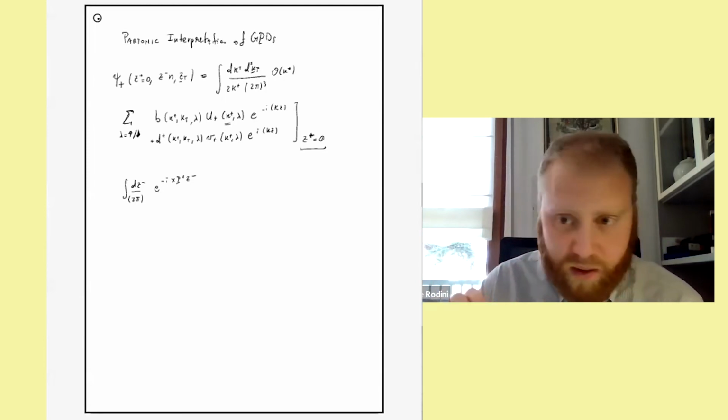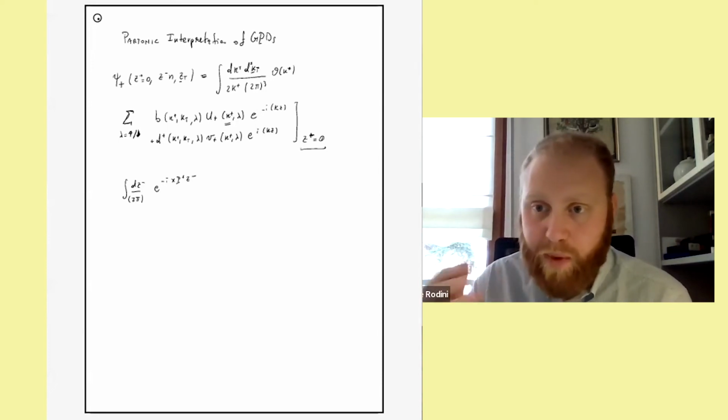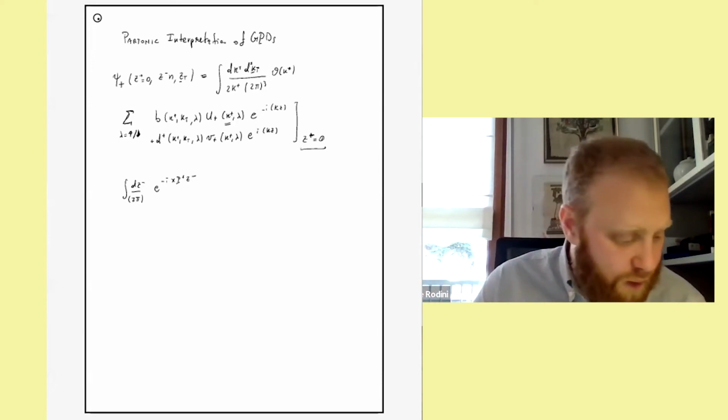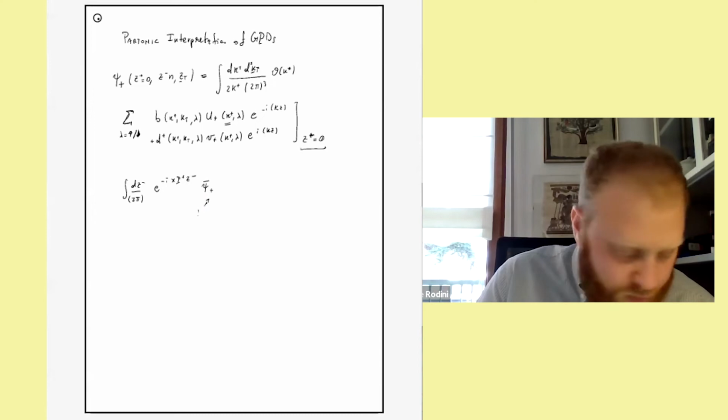But it doesn't really matter at the level of the operator. Once you sandwich it between states, of course, P plus becomes the P plus momentum of the state. And then it should have been this plus, remember this from before.